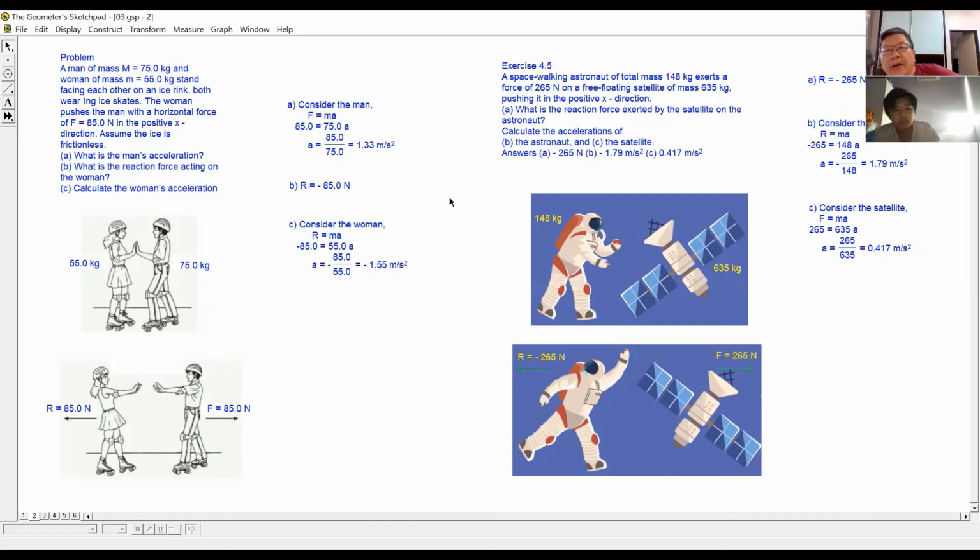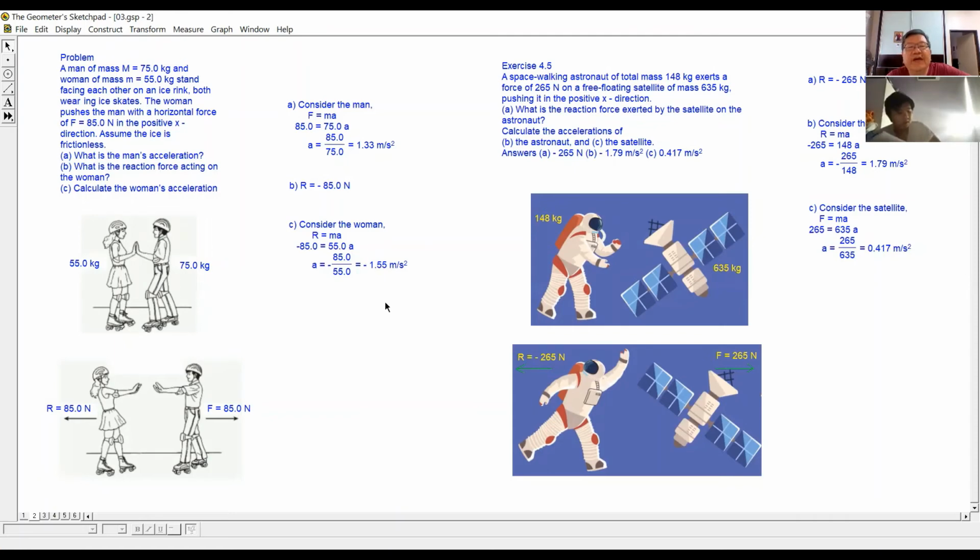We just do 85 divided by negative 55. Correct. How much is that? Negative 1.545, so negative 1.55. Okay, correct. Negative 1.55 means the woman is accelerating in the opposite direction. That's why it is negative, right?